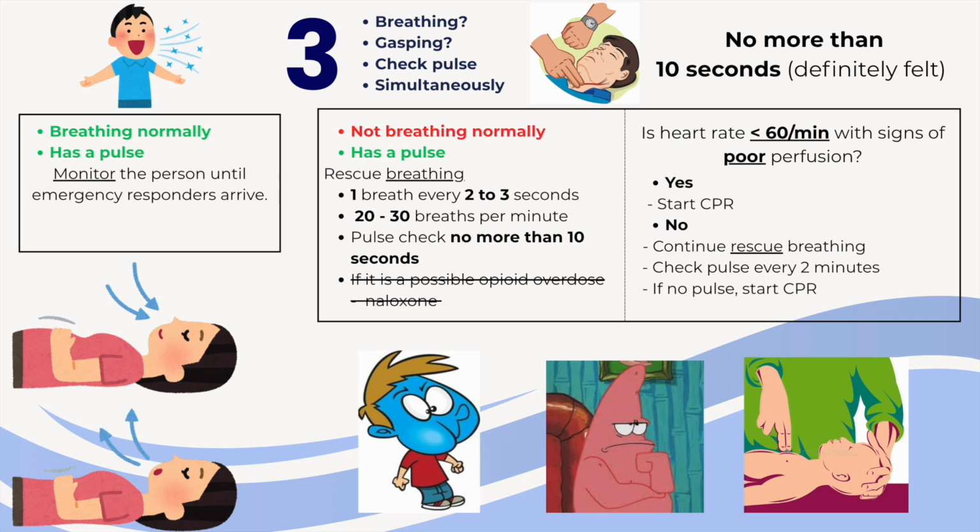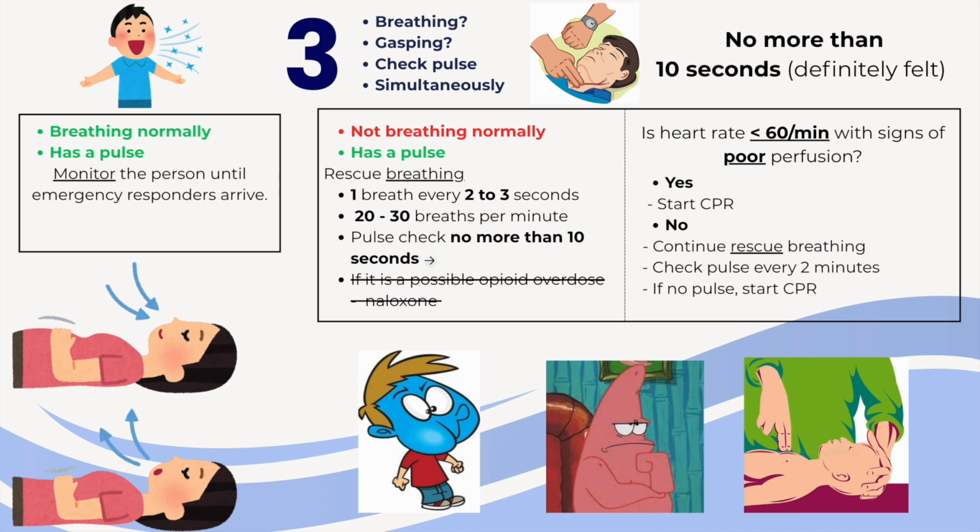If the victim is not breathing normally but a pulse is felt, provide rescue breathing with 1 breath every 2 to 3 seconds, or 20 to 30 breaths per minute. Make sure to remember this for the test: every 2 to 3 seconds, 1 breath, or 20 to 30 per minute. Again, assess the pulse for no more than 10 seconds.